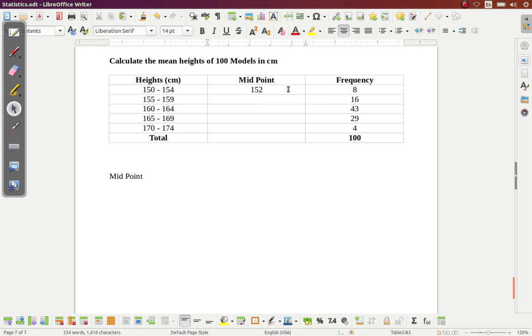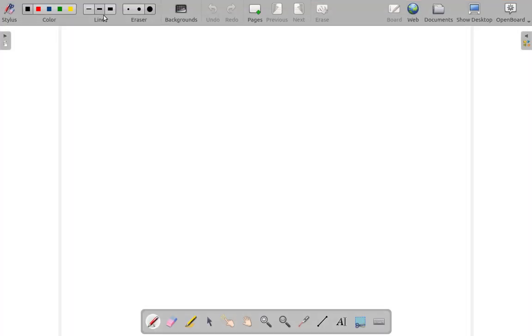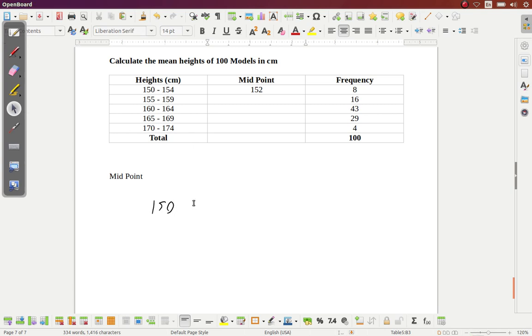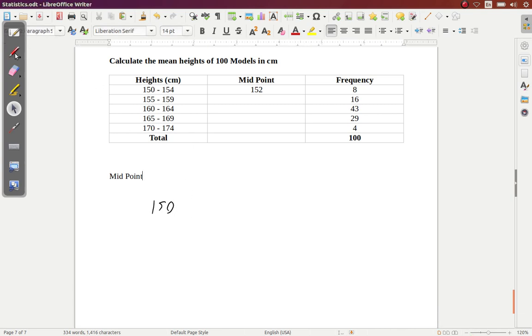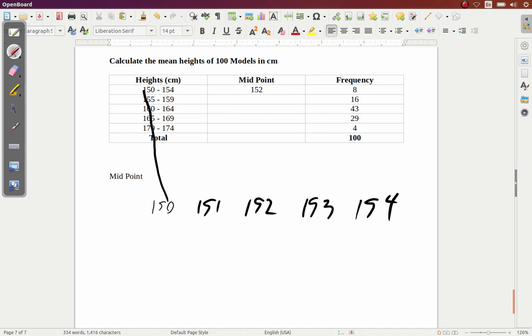And of course, if you write them all out, just like at the top here, you had 150, 151, 152, 153, 154, going from 150 up to 154. The middle one would be this one, so we use 152.